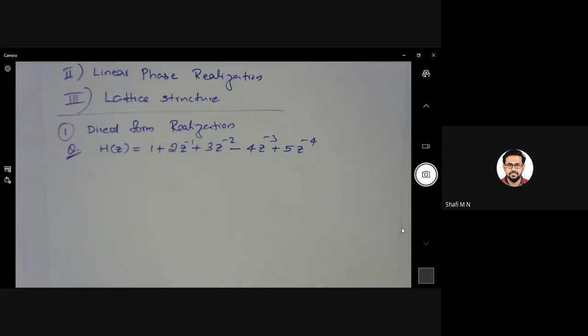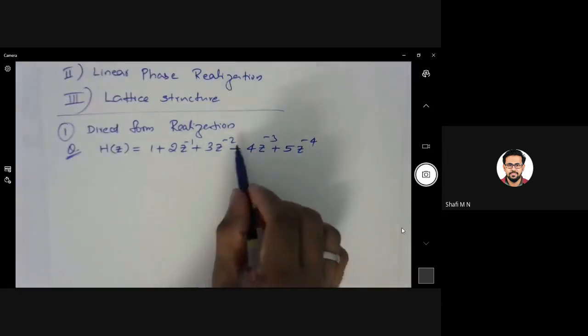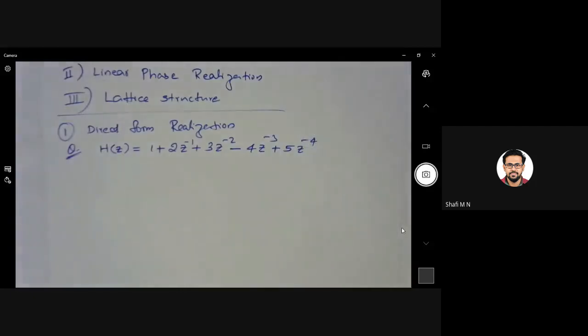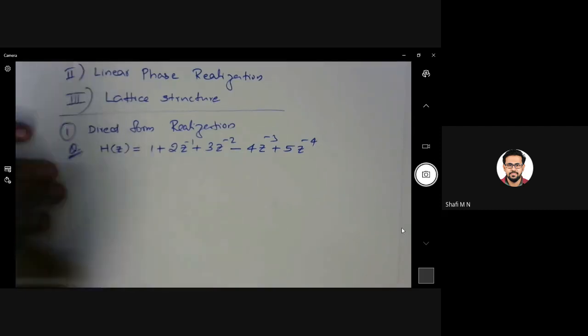So you have a transfer function 1 plus 2 z raised to minus 1, 3 z raised to minus 2, minus 4 z raised to minus 3 plus 5 z raised to minus 4. So here you cannot see any denominator. That is one important observation. So this is an FIR filter. Clear?